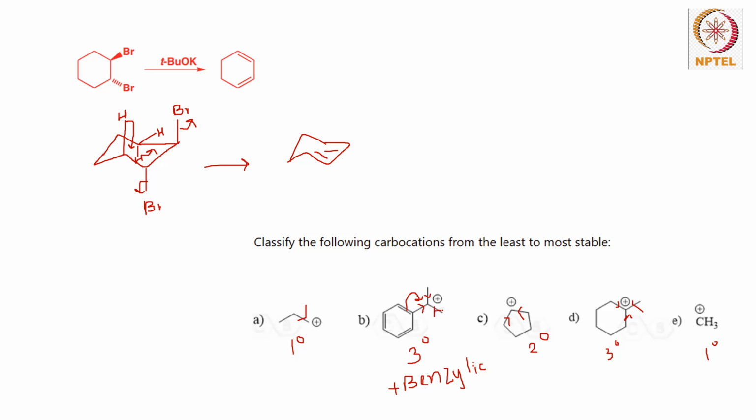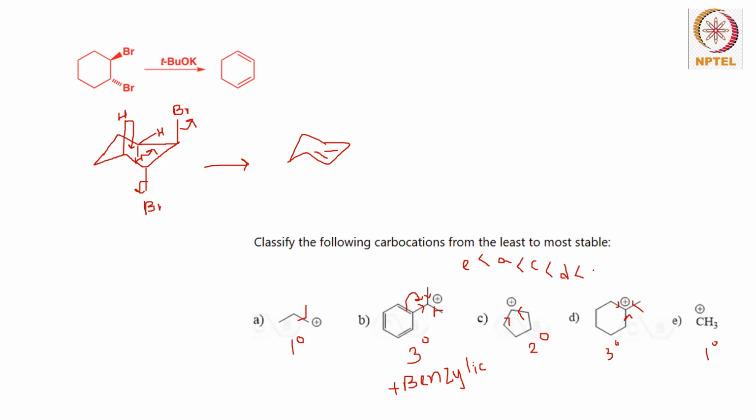So the least stable is this one. Then A, then C, then D. The correct answer, the most stable, would be this one.